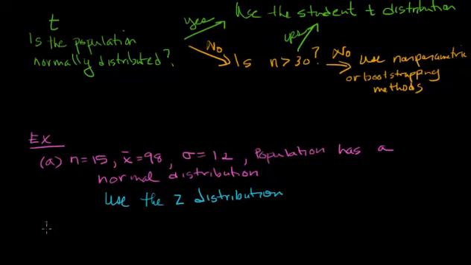Okay, let's look at B. We have a sample size of 50, a sample mean of 42, sample standard deviation 0.7, and the population has a skewed distribution.